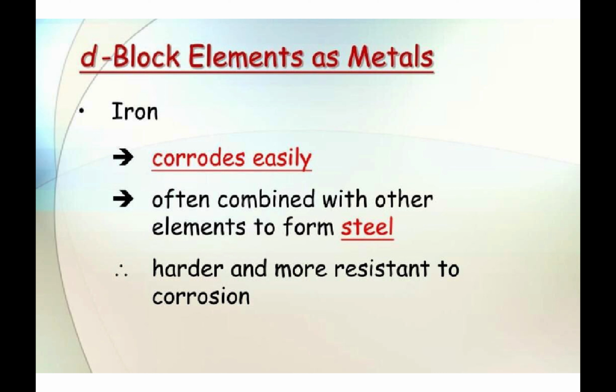So to avoid such cases and to make a better deal out of it, iron is often combined with other elements, known as alloys, to form steel, because alloys have much better properties than the parent metals, like being harder and more resistant to corrosion.